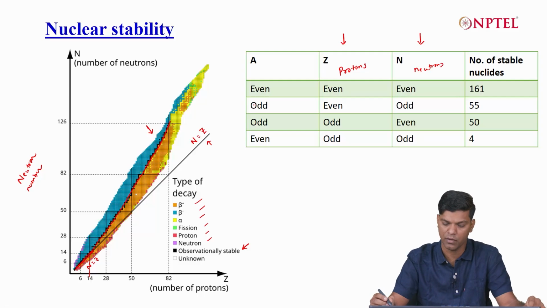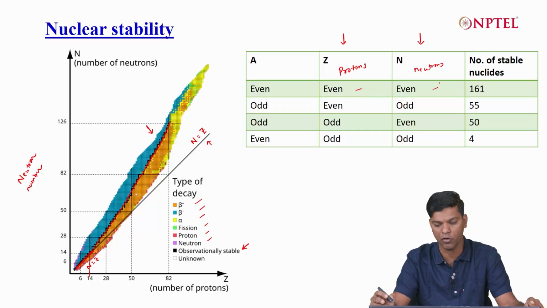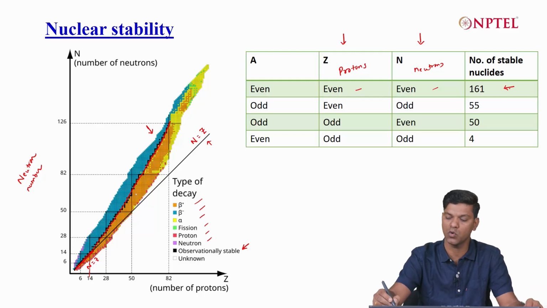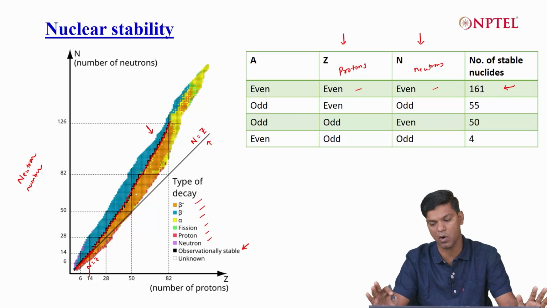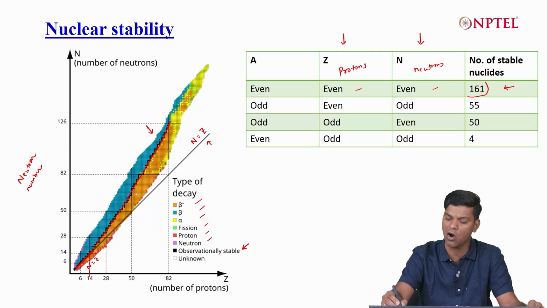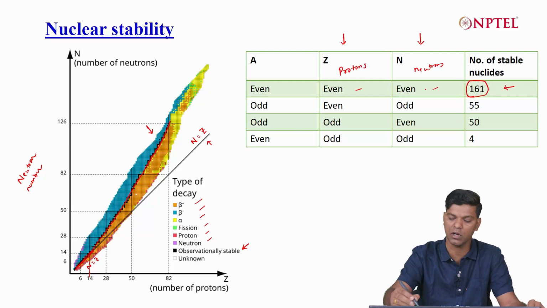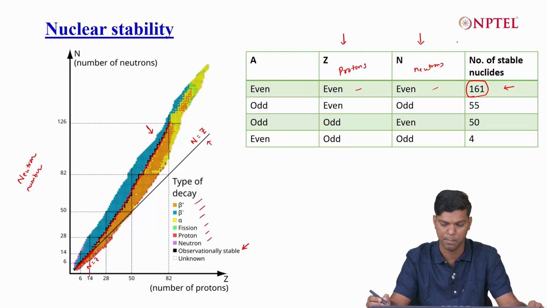So, if there are an even number of neutrons and protons inside a nucleus, then they are the most stable nuclides. Among all the 250 stable nuclides, around 160 have even proton and even neutron numbers.